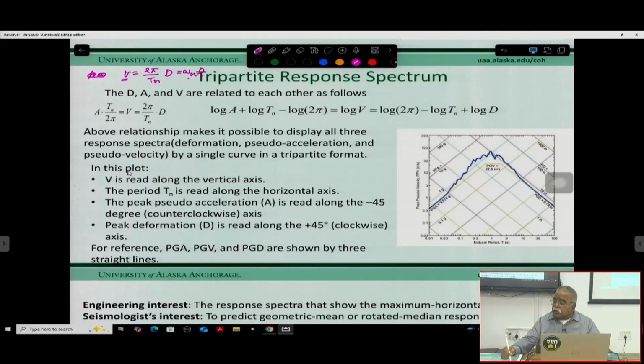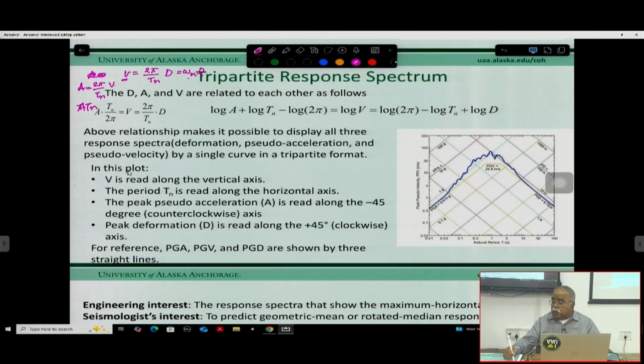So this is V equals omega n into D. And then if you know V, then you can calculate 2 pi by Tn, which will be into V, right?